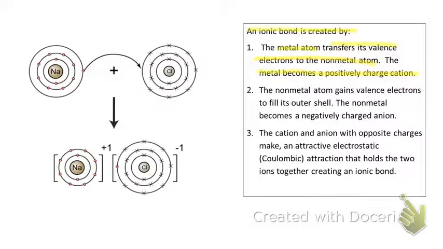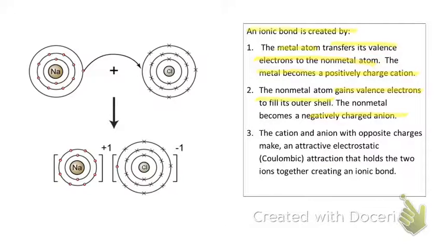The nonmetal, on the other hand, is going to gain the valence electrons so that it can fill its outer shell, and the nonmetal will become negatively charged. When the metal gives up its valence electrons, it results in a full valence shell. And the nonmetal, when it gains the electrons, is also going to have a full valence shell. So they both have complete octets.